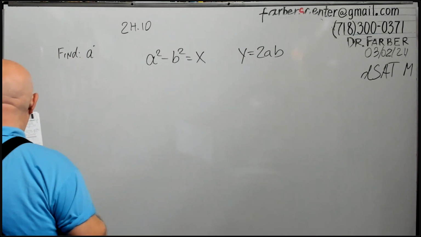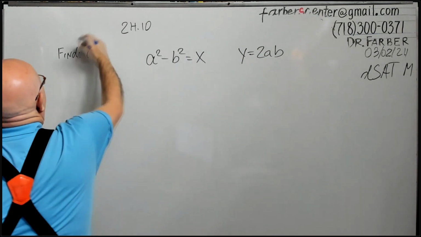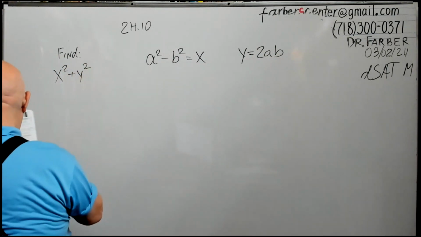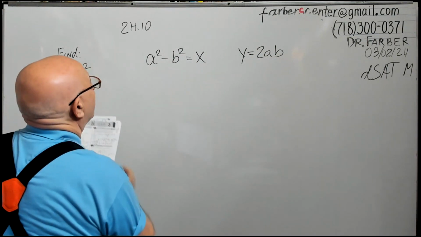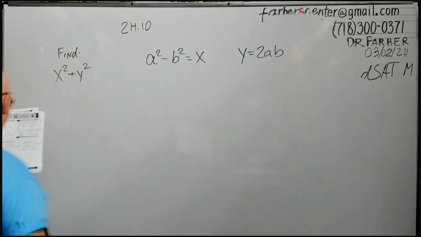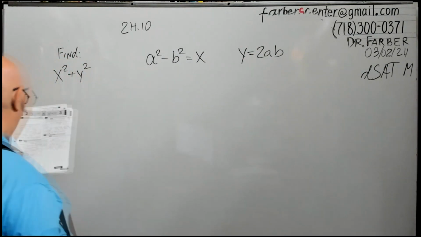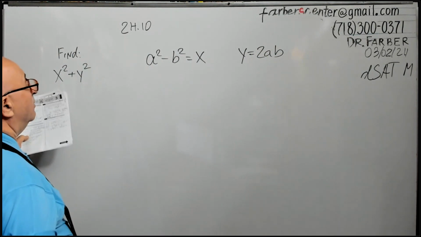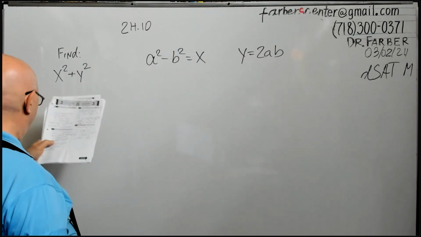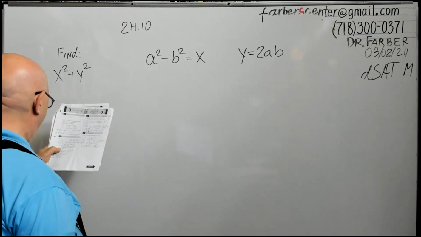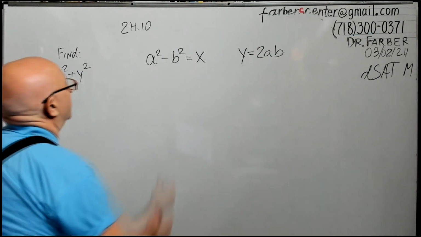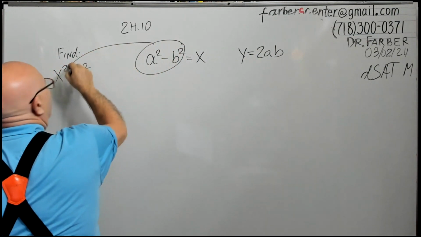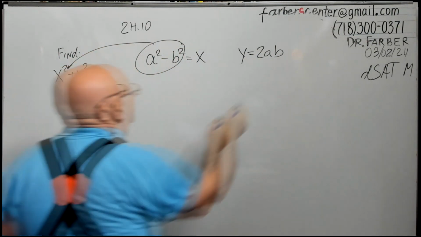Okay, which one is equivalent? x squared plus y squared is equivalent. So just plug in. Instead of x, let me see if I wrote correctly, instead of x, I plug in this guy. Instead of y, I plug in this one.